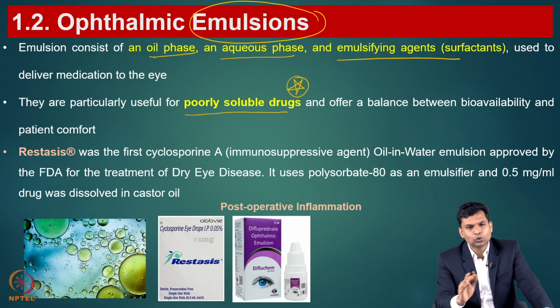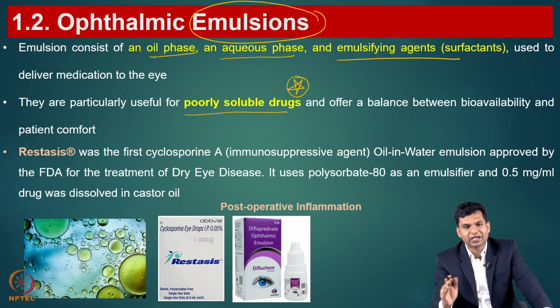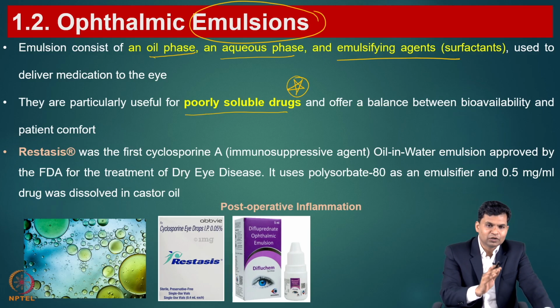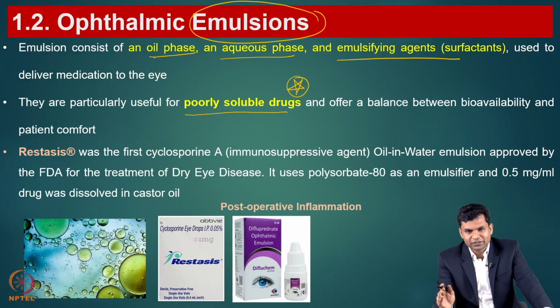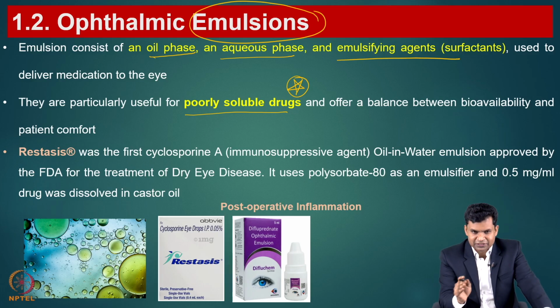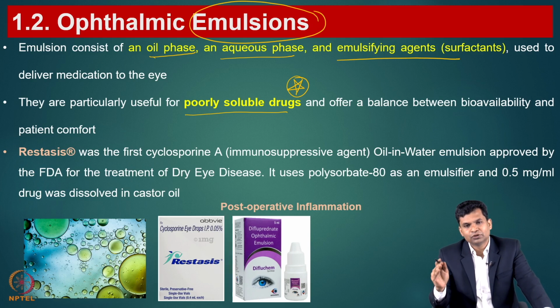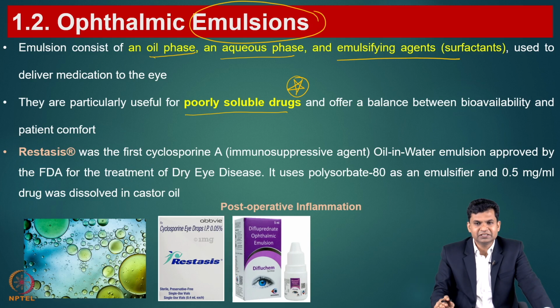So when you want to go from solutions to emulsions, if your drug is not soluble and you want to make an eye formulation and a solution is not possible, then you can shift to ophthalmic emulsions, which can help to improve the solubility of the drug.